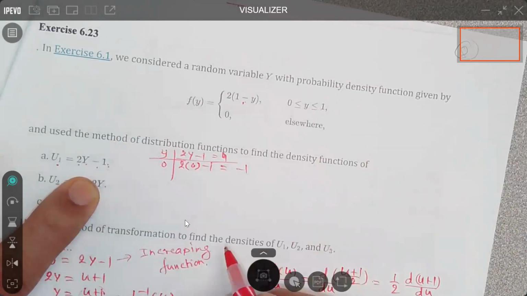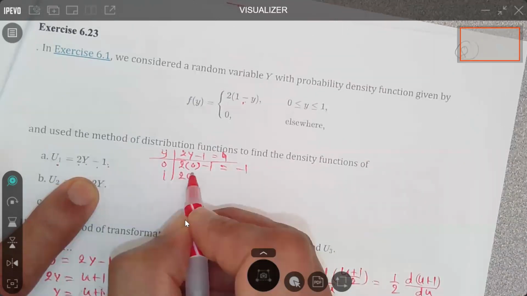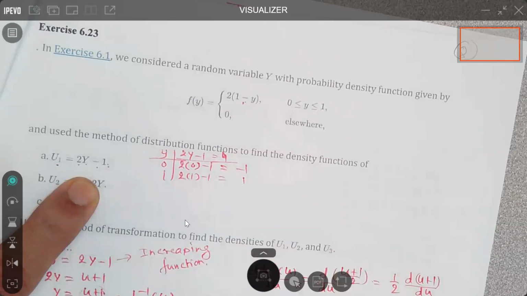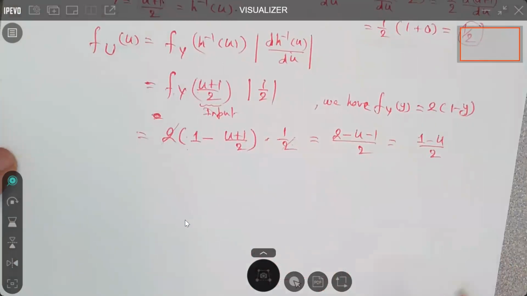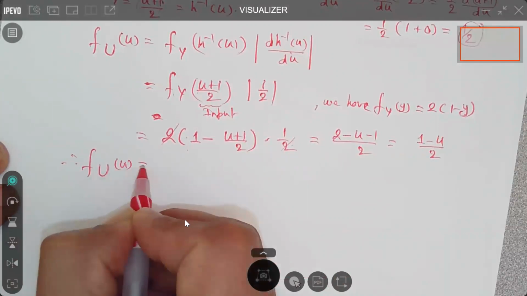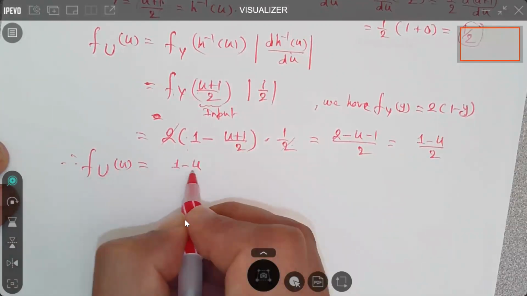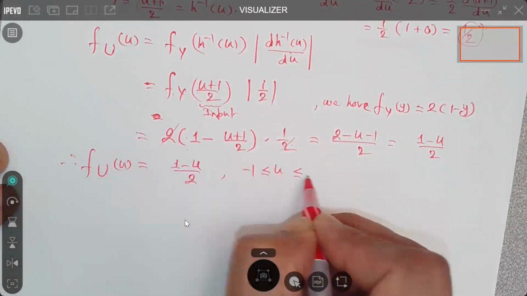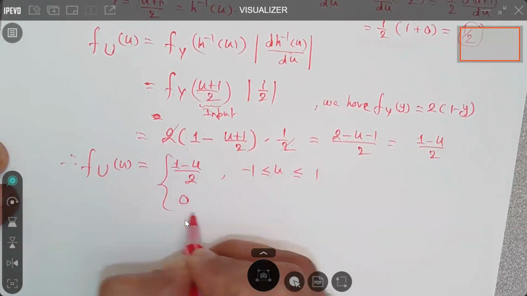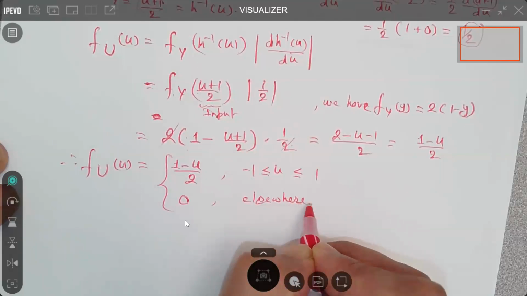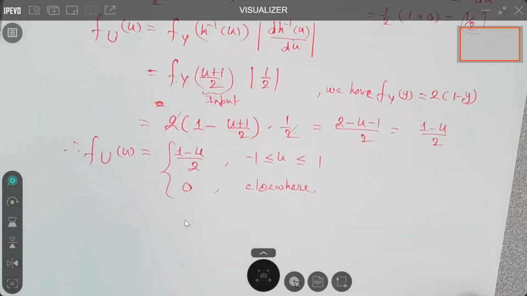Whenever y is 1, 2 times 1 minus 1, so this is equal to +1, right? So it lies between -1 and +1. Therefore f of u equals 1 minus u over 2, and u lies between -1 and +1, 0 elsewhere, right?